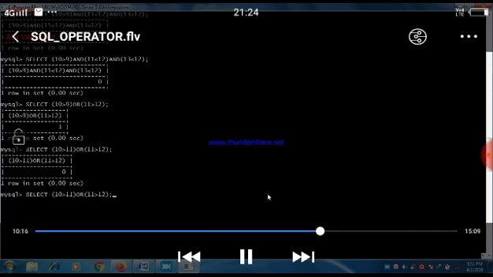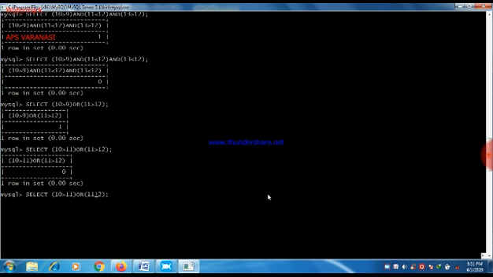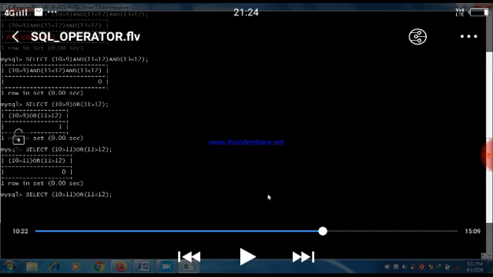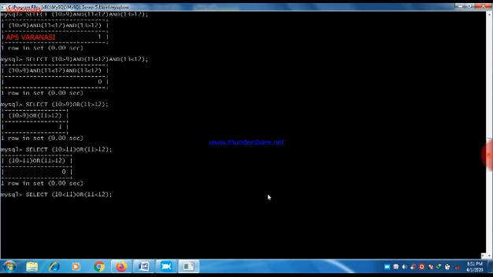So these are the basic operators. Let us take another example: 10 is less than 11 or 11 is less than 12. The answer will be 1.